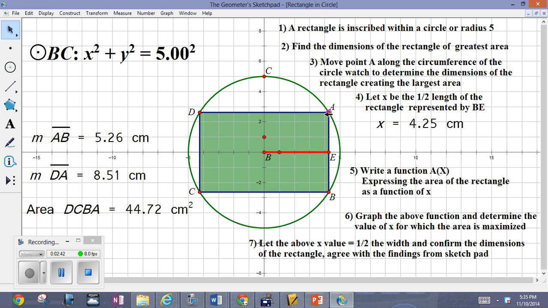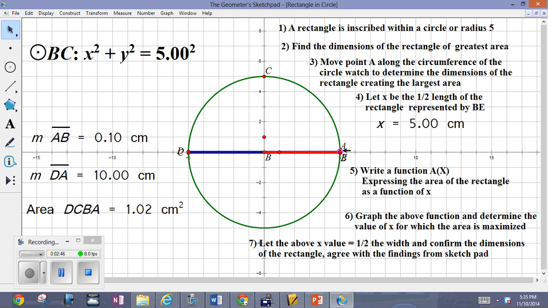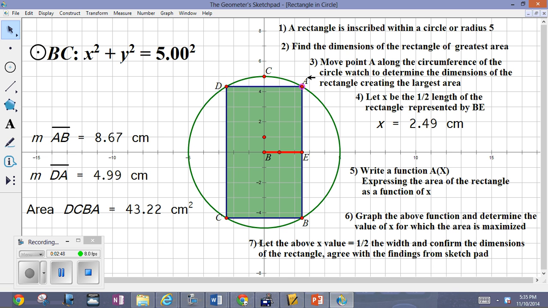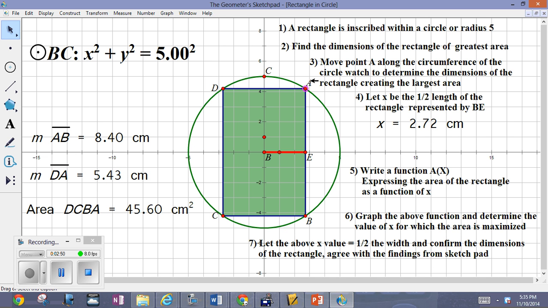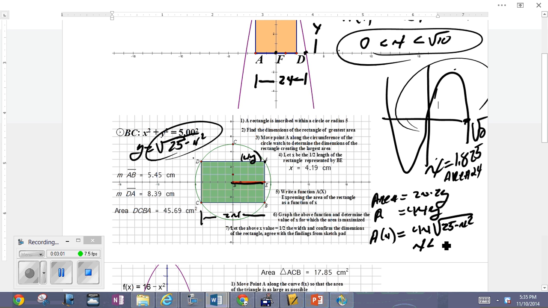So the logical restrictions on x seem to be between 0 and 5. We're going to state those restrictions on the variable: x is going to be between 0 and 5.